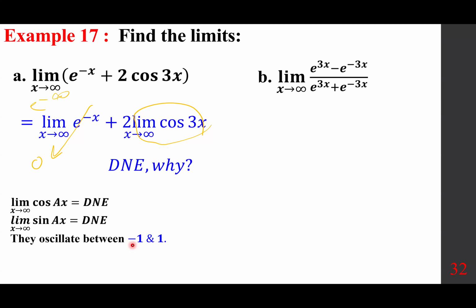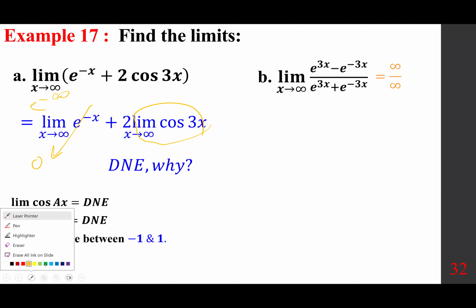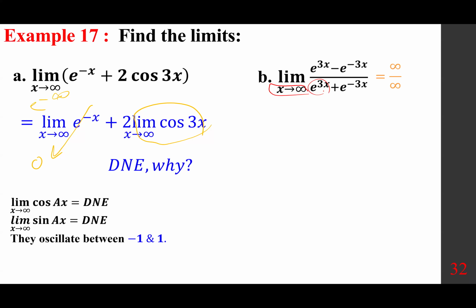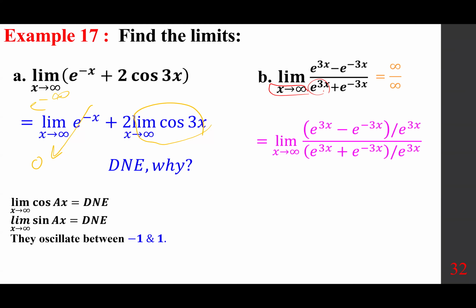What about this one? I hope you realize that if you plug in, you get e to the power of infinity minus 0, which is infinity over infinity. And again, this is not a rational expression, but the technique is the same thing. Because x is approaching infinity, you divide by the highest value in the denominator and you simplify.